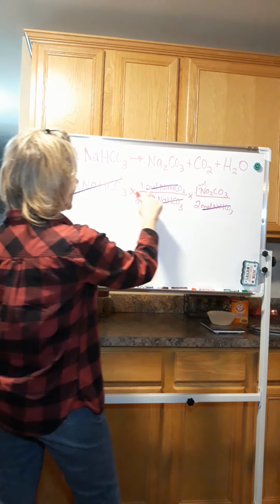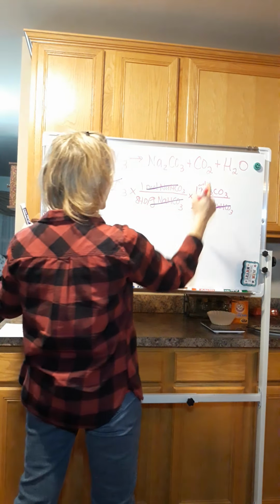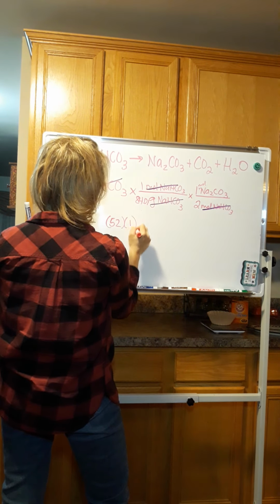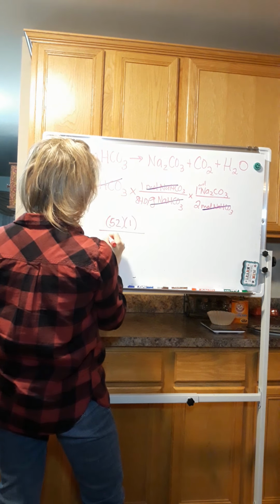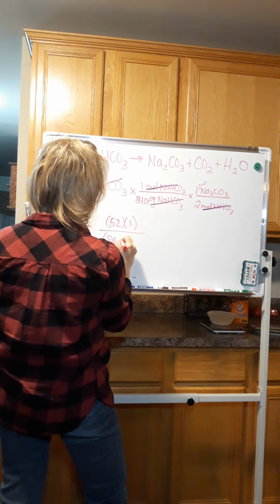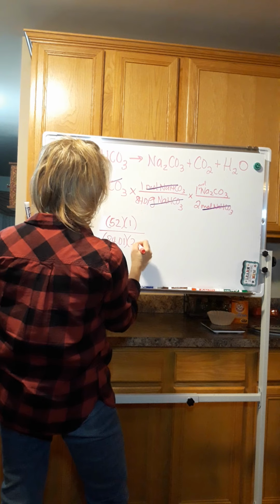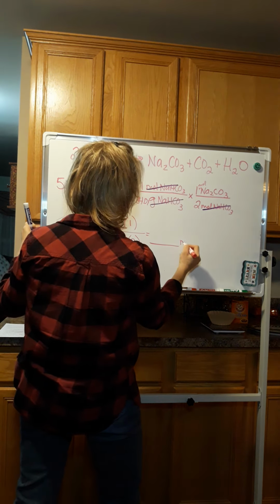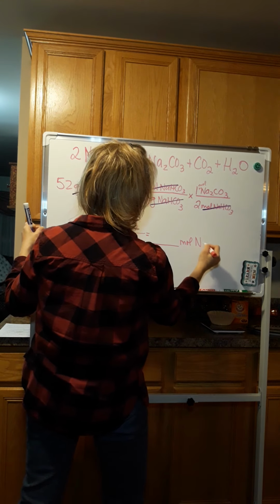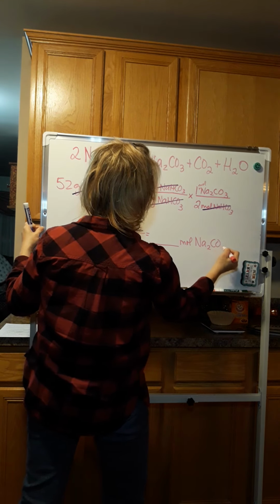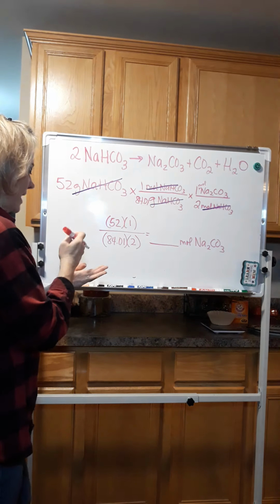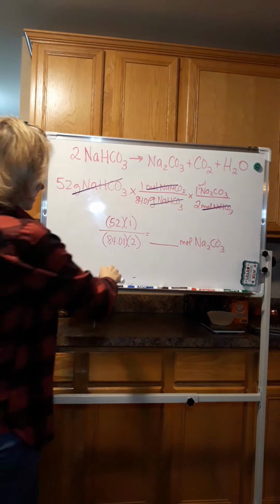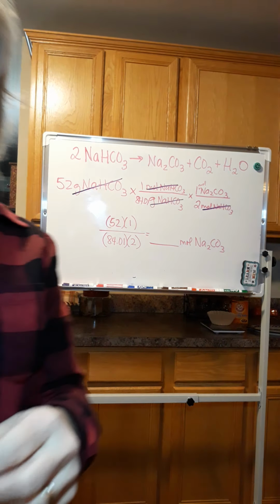So now if I multiply 52 times 1, and I divide it by 84.01 times 2, then I will be able to figure out how many moles of sodium carbonate I will get from this reaction. All right, let's see how this turns out.